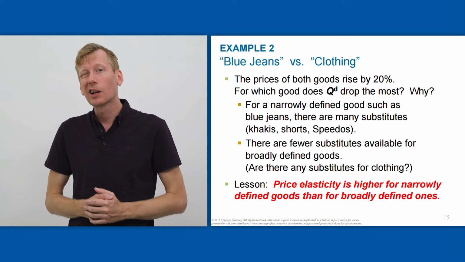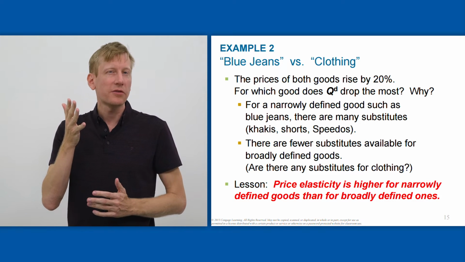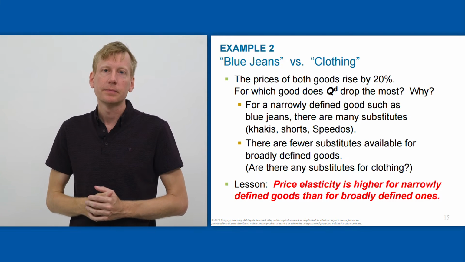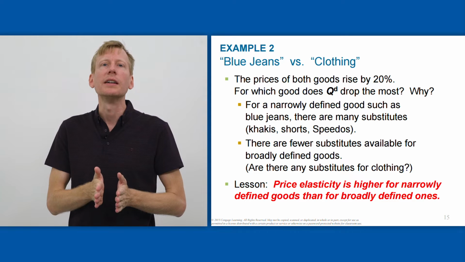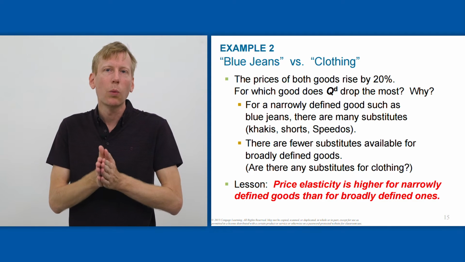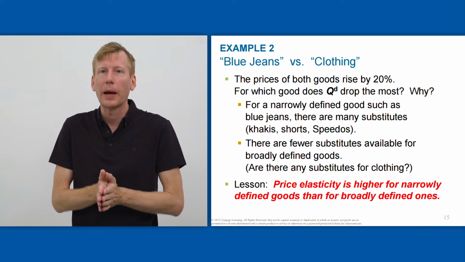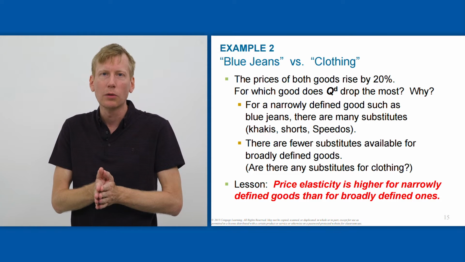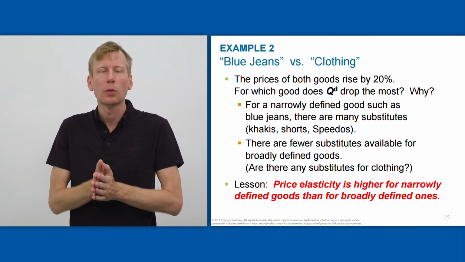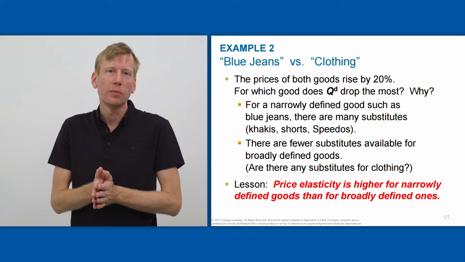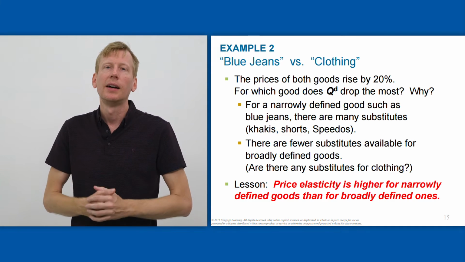Blue jeans and clothing are goods which are defined very differently. Blue jeans are very narrowly defined, simply one type of clothing out of many. Now, there are many other types of pants, many other types of clothing you could wear. You don't have to wear blue jeans, particularly if blue jeans become very expensive.